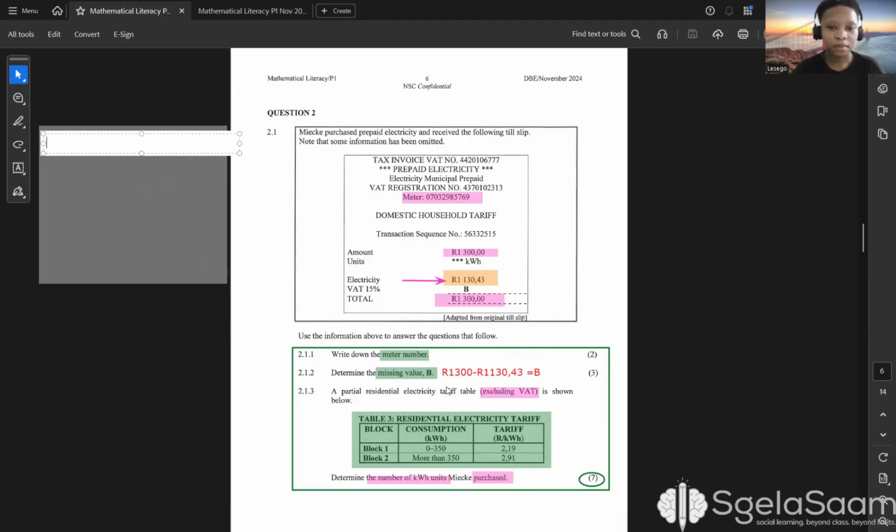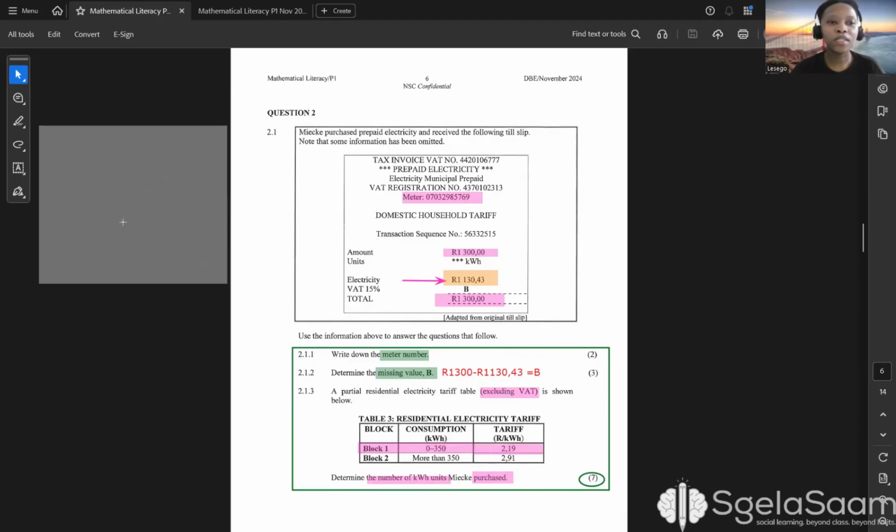Looking at the tariff, we have block 1, which is from 0 to 350 kilowatt consumption. The cost is 2 rand 19 per kilowatt hour. If it's more than 350, then it's 2 rand 91 cents.